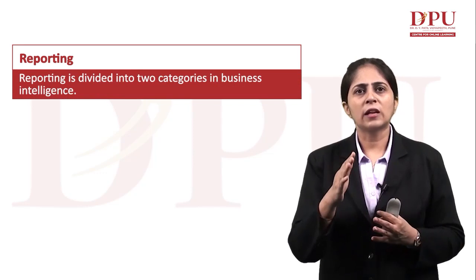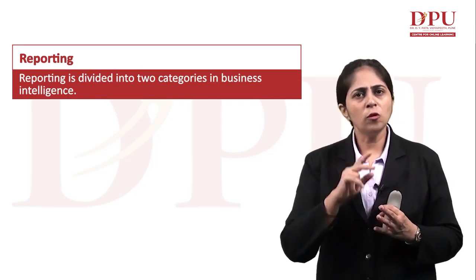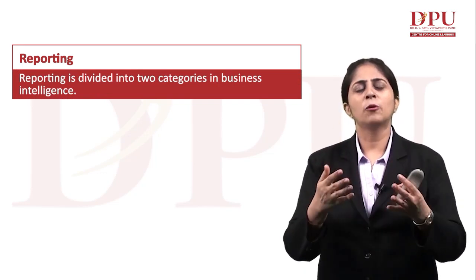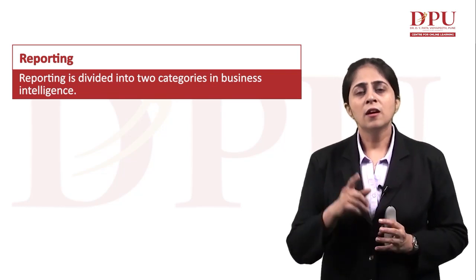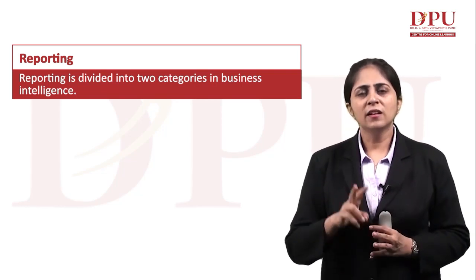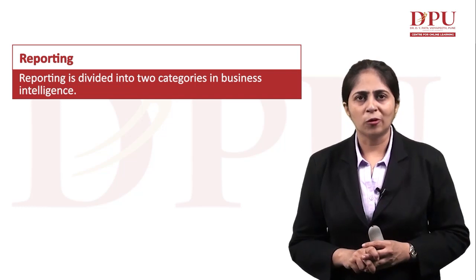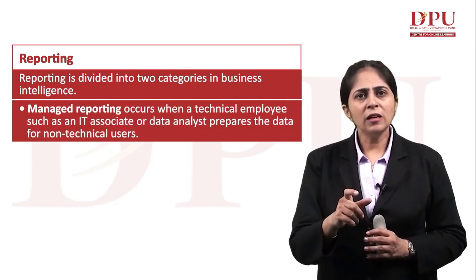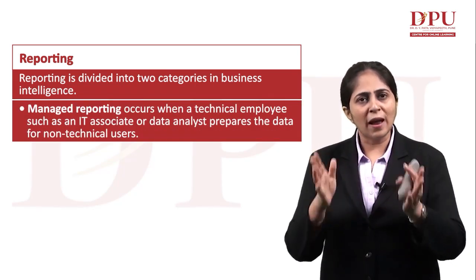We can say that reporting is divided into two categories majorly when we talk about business intelligence. First is managed reporting. Second is ad hoc reporting. Managed reporting, as the word says, is managed.